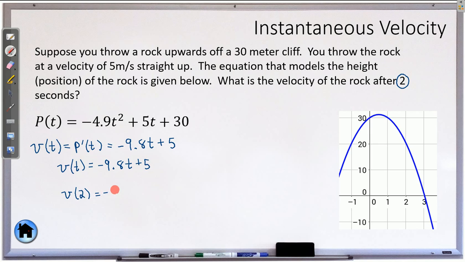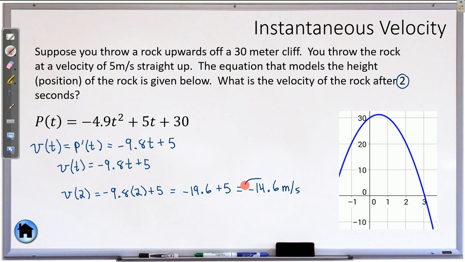So we have negative 9.8 times 2 plus 5, which equals, 9.8 times 2 is negative 19.6, plus 5 gives us negative 14.6. And that is our velocity, so that is meters per second.